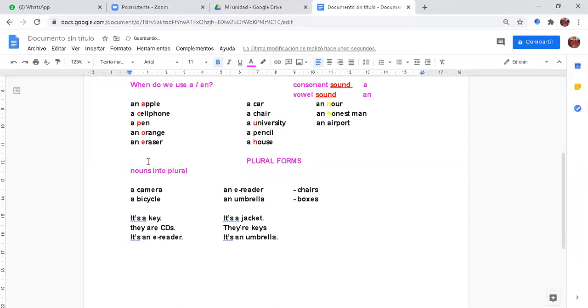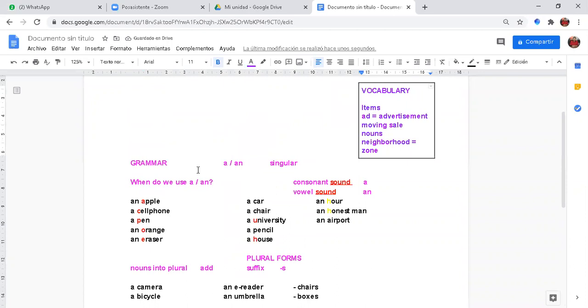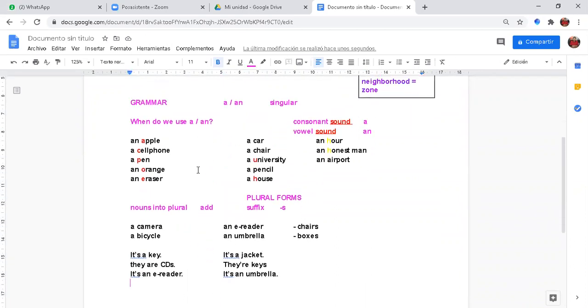We need some suffix. As you notice here, it says to form most plurals add. What does add mean?